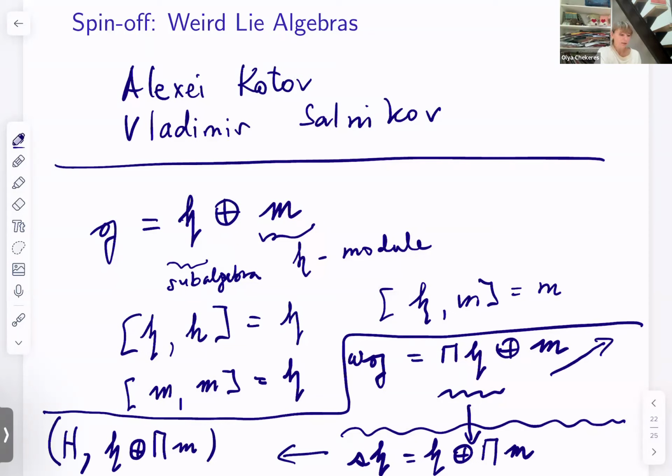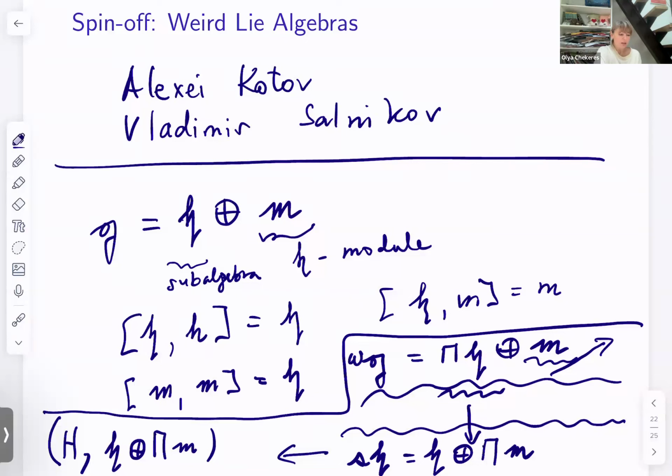And in this case, it is interesting to study where this thing integrates, actually, because there is no even group corresponding to that. The even part, if we integrate that, does not give the group structure. So we are going to study what is going to happen there.